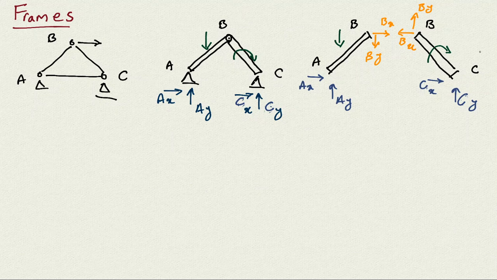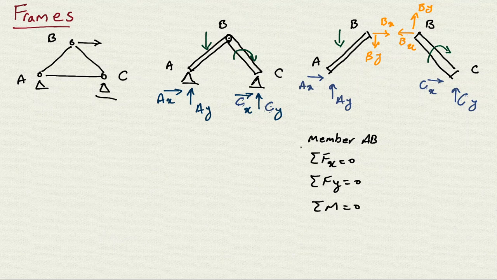I can write three equilibrium equations for AB. If I say that for member AB, I can write sigma Fx is 0, sigma Fy is 0, and sigma M is 0 about any point. So these are what I have for member AB.